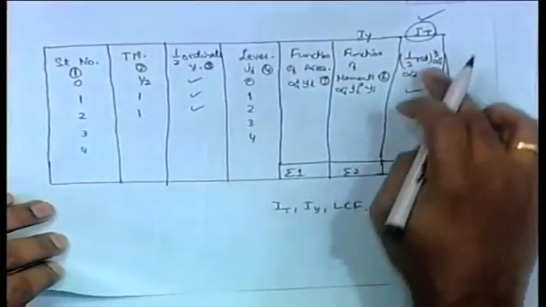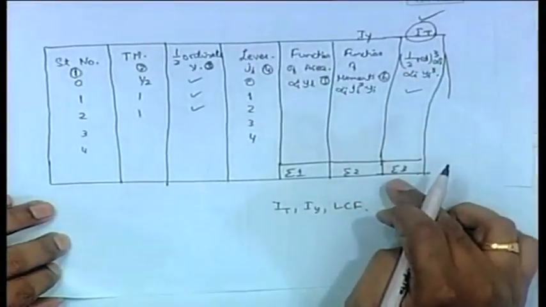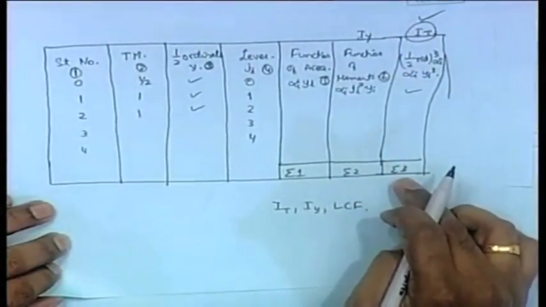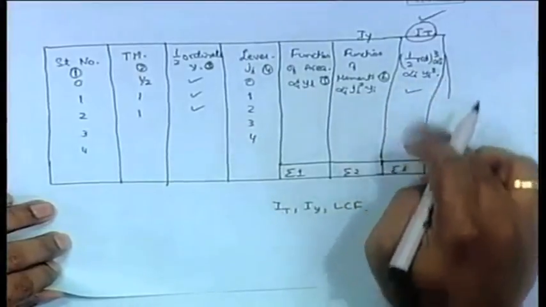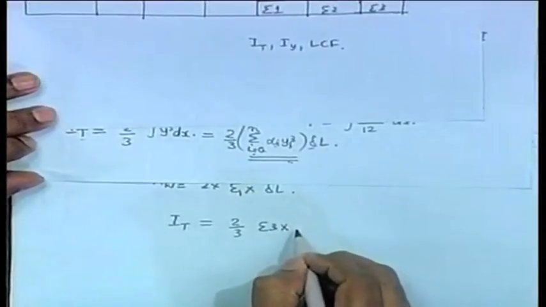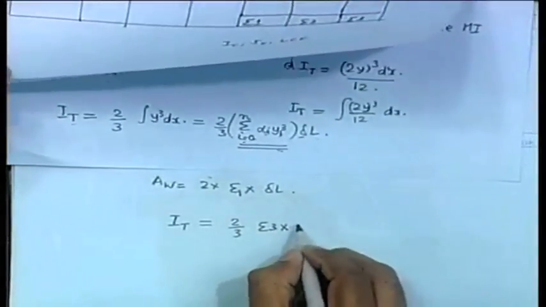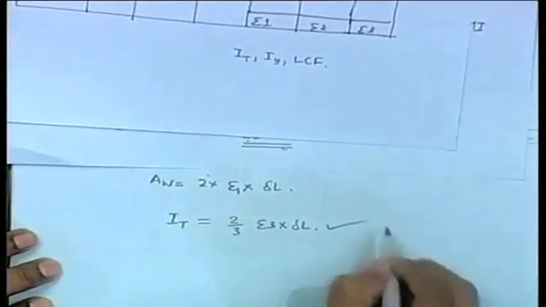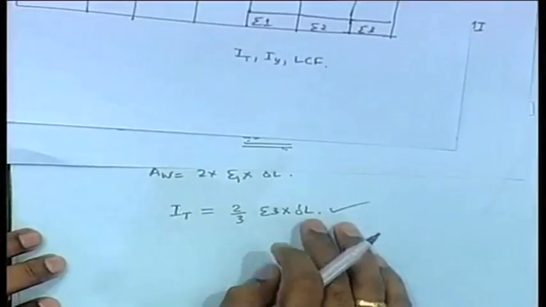This is your alpha I yi cubed, which is summed up to get sigma 3, meaning you have different elements, you have added them up and you get sigma 3. So, 2 by 3 into sigma 3 into, I think, delta L. This will give you IT, the transverse moment of inertia, which is the moment of inertia about the longitudinal axis, that is the center line. That is very important.